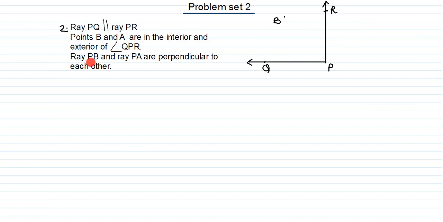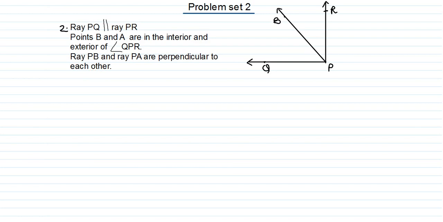But before plotting the point, we'll just see the next sentence. It's given ray PB, that is the ray which I'll get by joining these points P and B. Let's join the points. This is ray PB. And ray PA, the ray which I'll get by joining P to A, are perpendicular to each other.